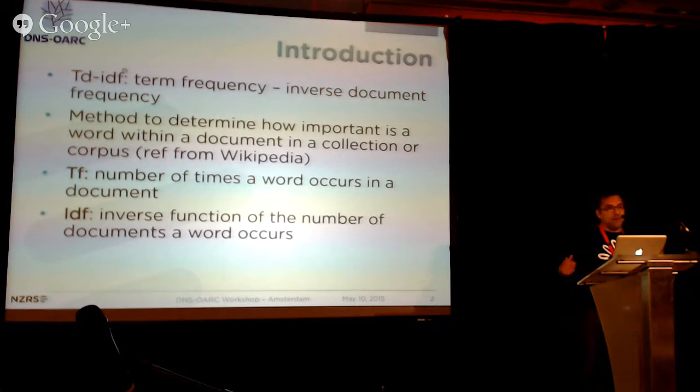So the concept we are going to apply here is the TF-IDF statistical method, which stands for term frequency and inverse document frequency. TF is the number of times you find a word in a certain document, any document, any language. And the IDF is the inverse function of the number of documents that a word is in.